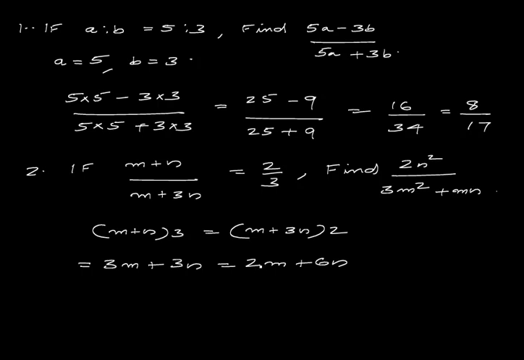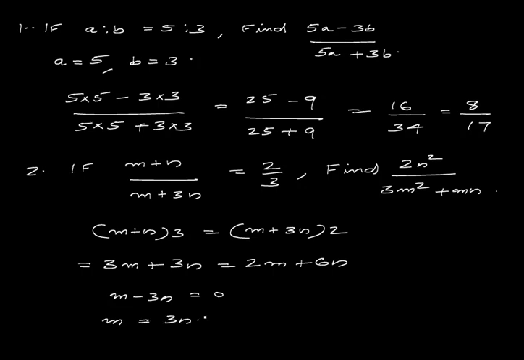Just to bring this 2m to the left side, we get 3m minus 2m, that is m. Then 3n minus 6n, because plus 6n becomes minus 6n when bringing to the left hand side. So 3n minus 6n is equal to minus 3n, equal to 0. So m is equal to 3n.